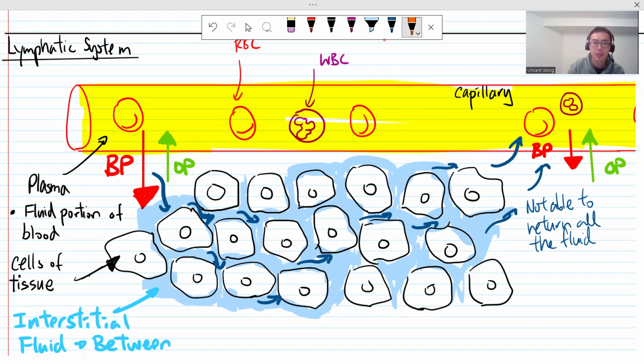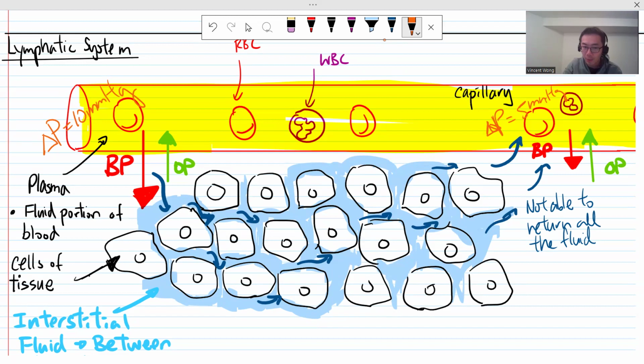I'm going to put the number here to remind you. Over here, the difference in pressure is 10 mmHg. Over here, the difference in pressure is just 5 mmHg. So you end up losing more than you're able to bring in.